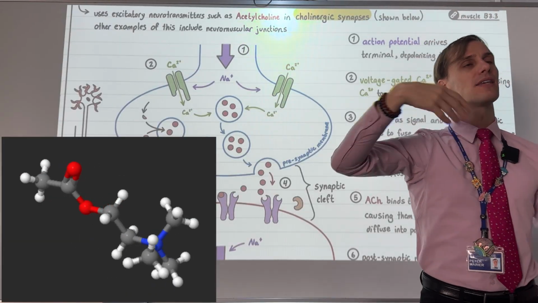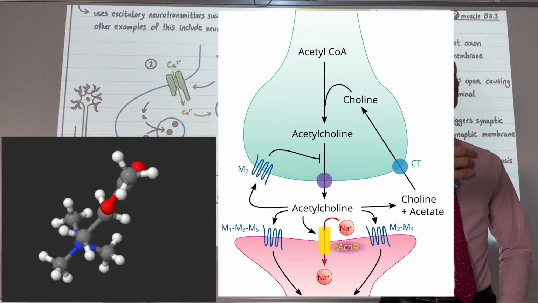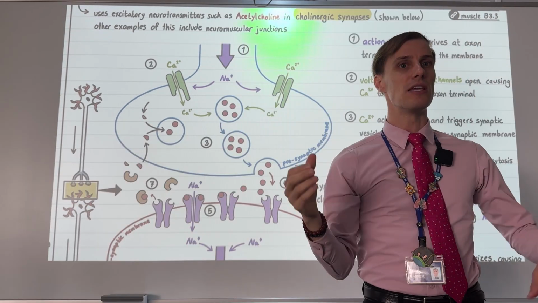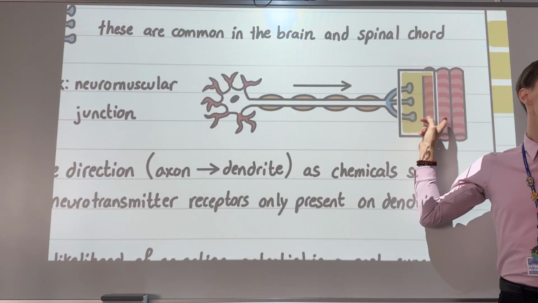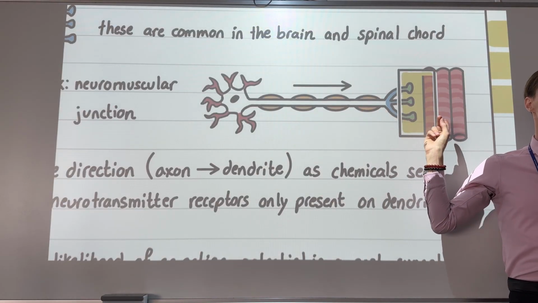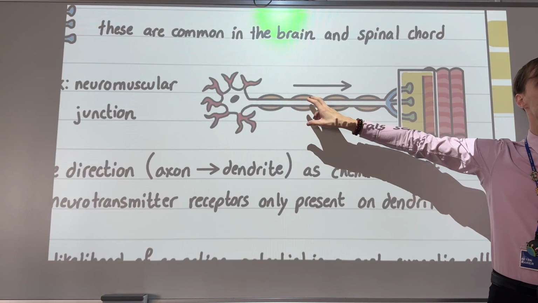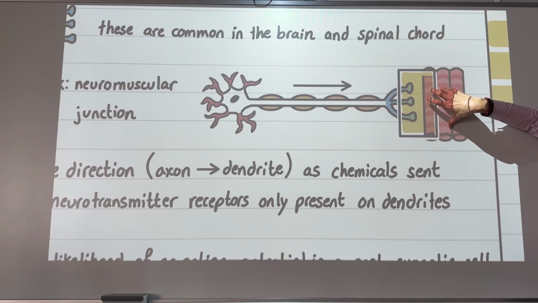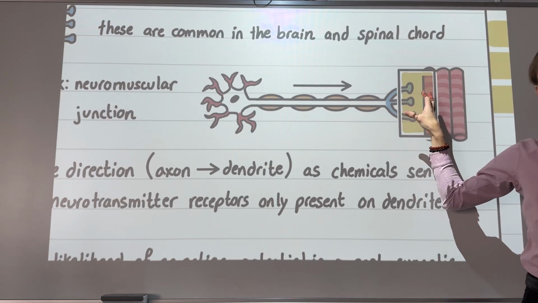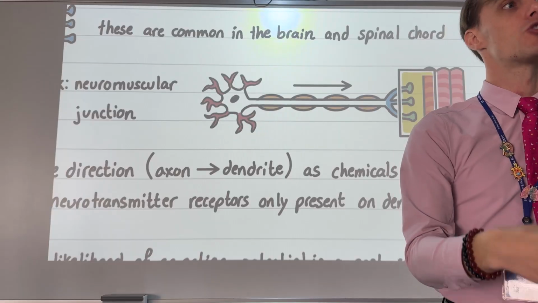And so any synapse that involves acetylcholine, we can call a cholinergic synapse. These are very common in neuromuscular junctions. So usually, if I have a motor neuron that's sending an excitatory action potential to this cell, it's almost always going to be acetylcholine. So acetylcholine is an example of an excitatory neurotransmitter.